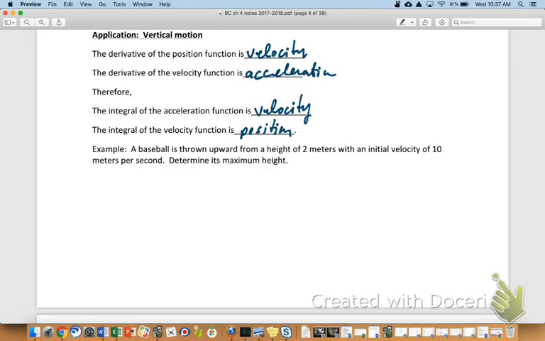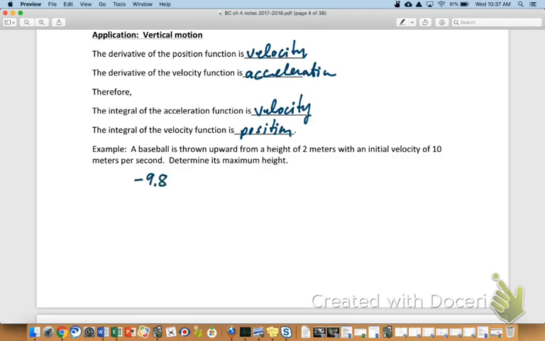Once the ball leaves this person's hand, other than wind resistance, which as you know in physics we pretend is not a thing, even though it is, we'll similarly pretend here. So once the ball leaves this person's hand, what is the only force acting on this ball? Gravity. And gravity in metric is? Negative 9.8. Yeah, so we're going to say negative 9.8. And what kind of a thing is gravity?